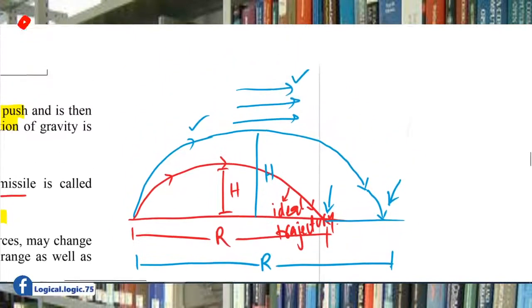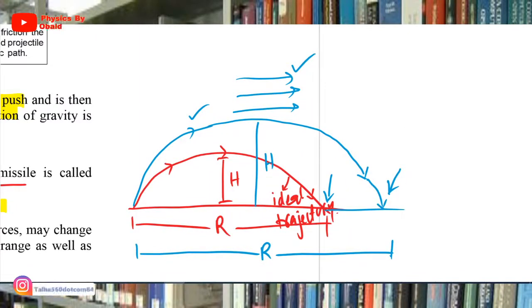Okay, now take another example and throw the ballistic missile in the third case. Now consider the wind is in the opposite direction, like this.